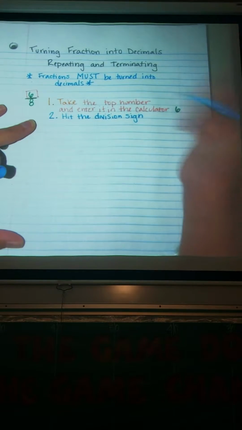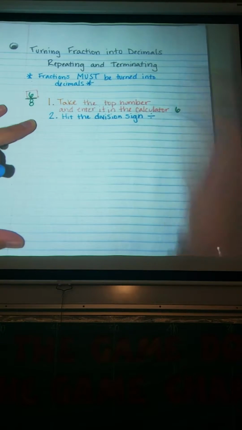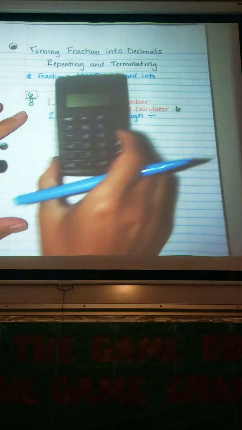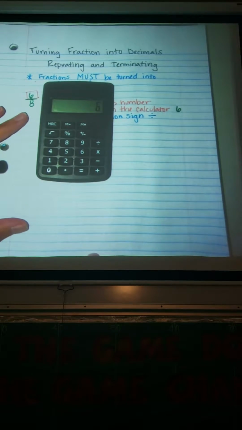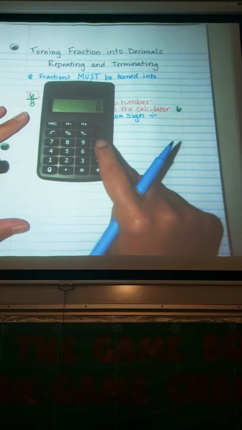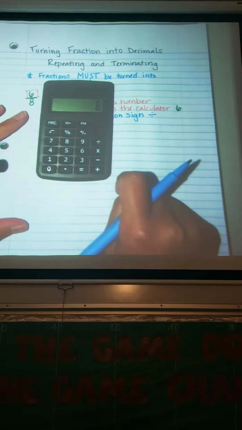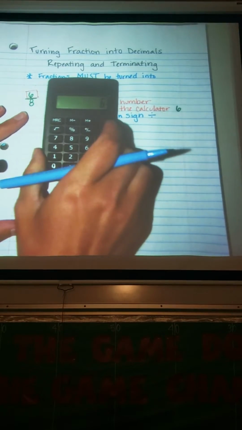Remember, the division sign is the one that looks like a fraction. It has the dot above and the dot below like you would have your numbers. So I'm going to hit the division sign. I still have the 6 on there, right here, underneath the clear button. Divided by, okay?